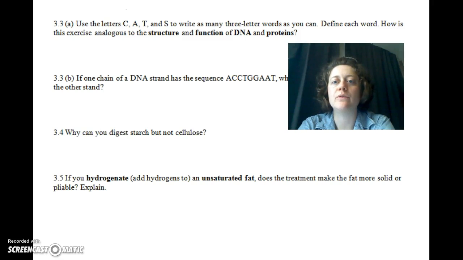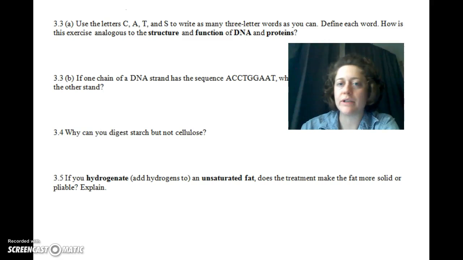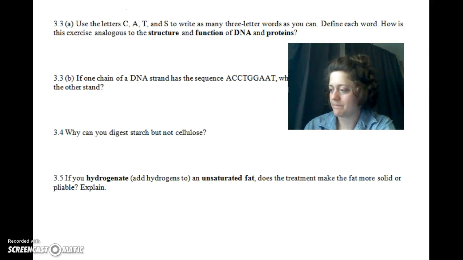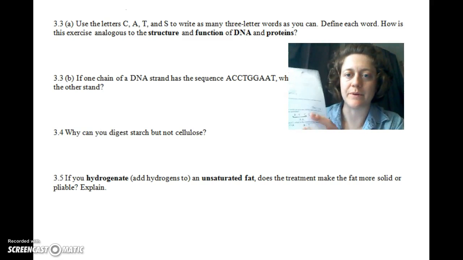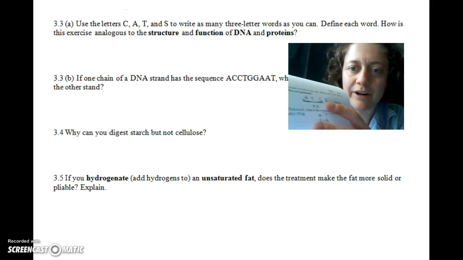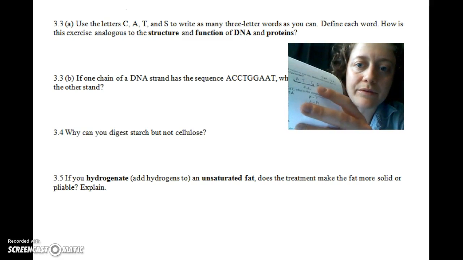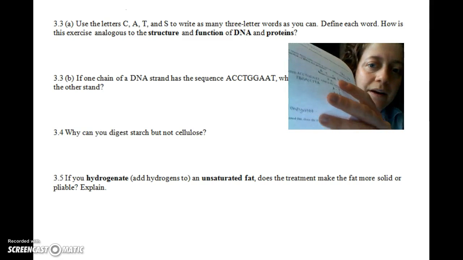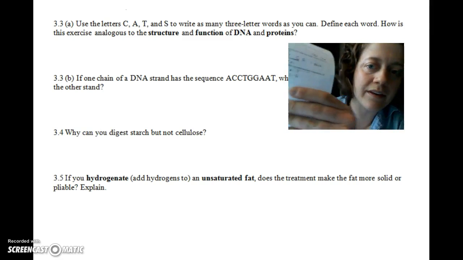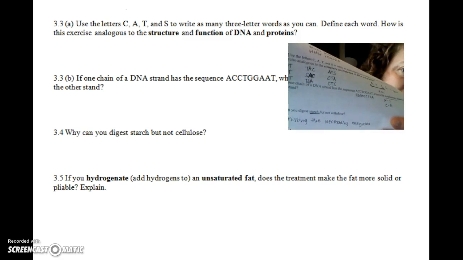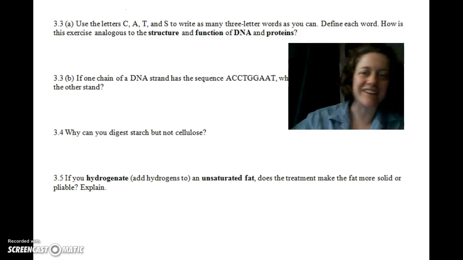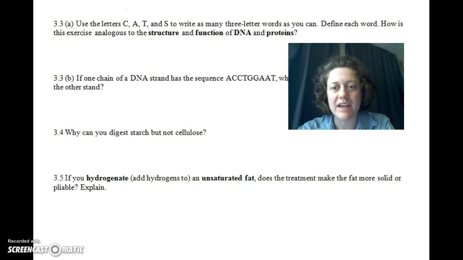I don't know if you can see the ones I did here. Where are they? I made a bunch of different 3-letter words. Right there. And so you're going to use just those 4 letters, just like there's 4 nitrogenous bases in DNA.